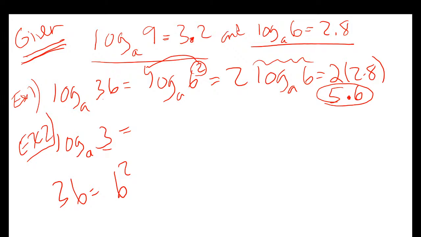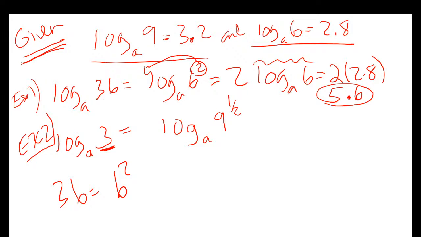recognize that 3 is what as it relates to 9. 3 squared is 9, yes? So what I can say is that log A 3 is equal to log A 9 to the 1/2.